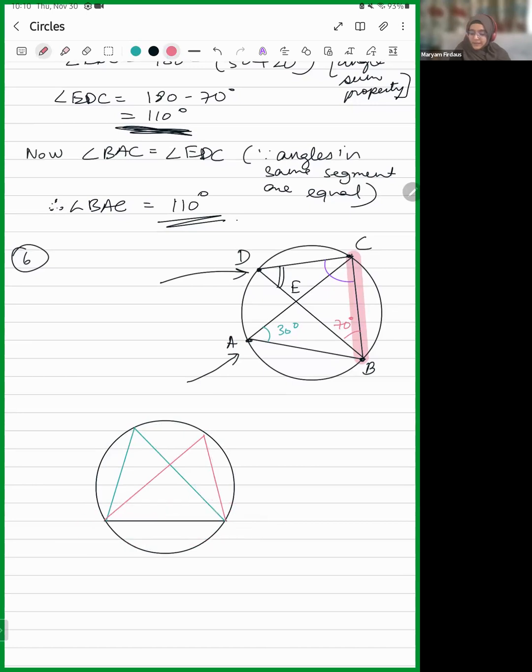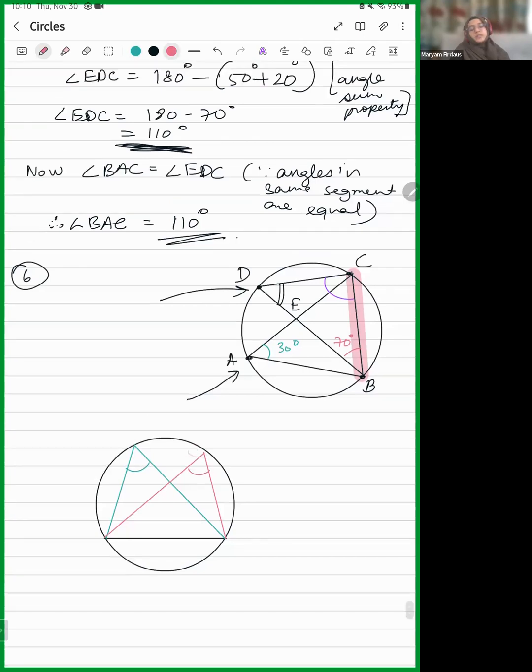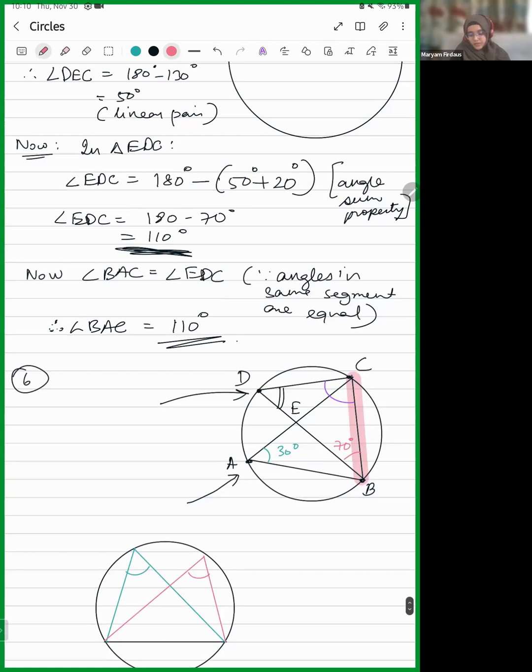It can't be like one angle is over here and the other is over here. They are talking about when both the angles are in the same segment. So both of these angles are equal. Angles in the same segment are equal. This is the thing that we have been using.